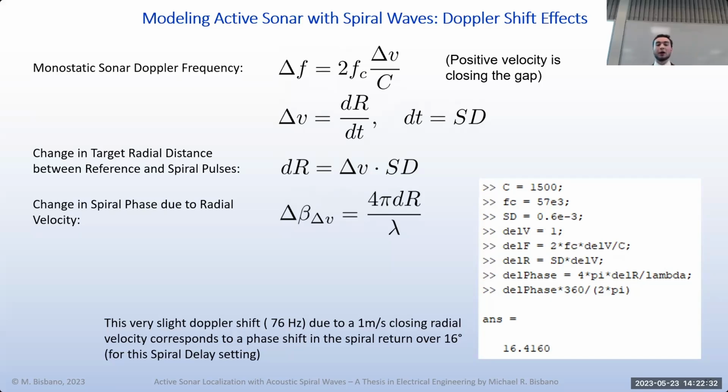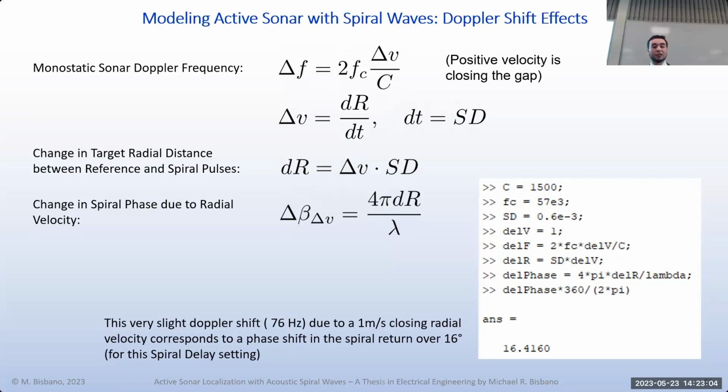But if we do some math, we can calculate the change in the target's radial distance between the reference and the spiral pulses. Since we're sending the reference, waiting, and then sending the spiral pulse, that spiral delay creates a delta in the target's actual radius when we receive the reflection. So that change in radius, when those two pulses arrive, creates a change in the spiral phase for the reflection.